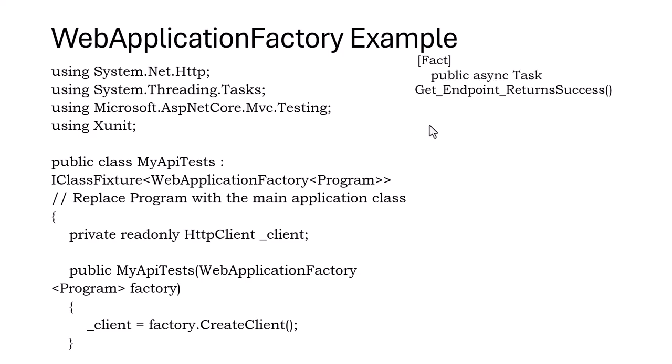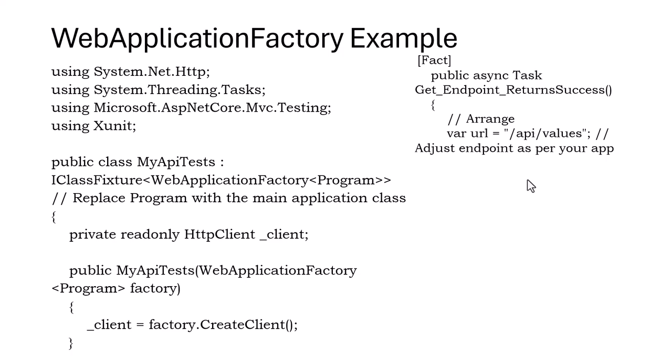Next is the test. Public async Task GetEndpoint, just one test I will create, and I will run this test for both the test server as well as the Web Application Factory to tell you that both work with our setup. Arrange, act, assert. So our URL is /api/values. Adjust the endpoint as per your app. My endpoint I have already defined in the previous lecture, our values controller.